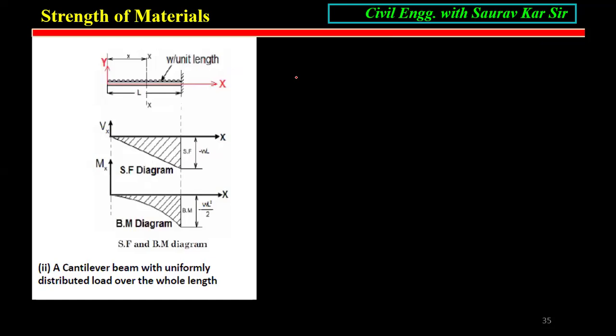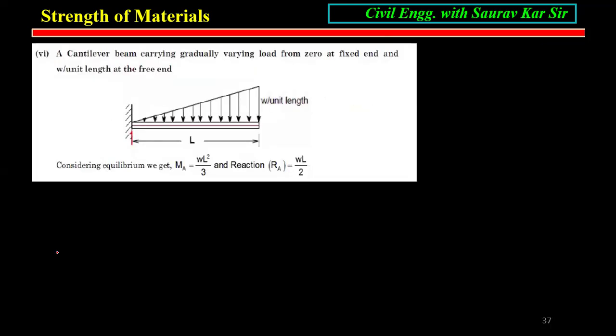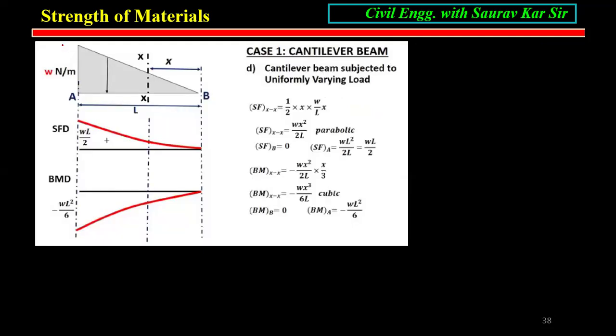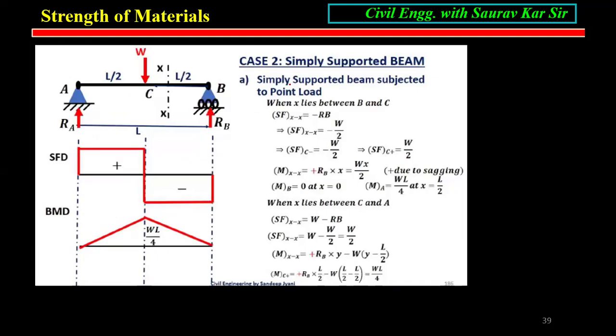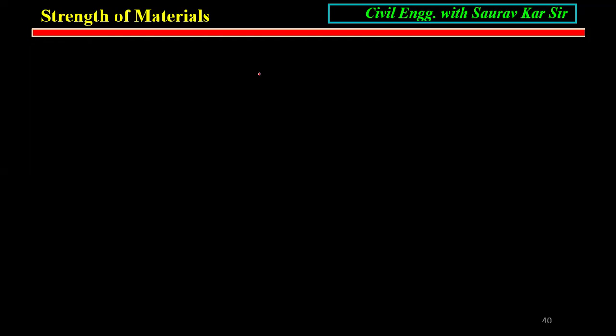These all questions come in interview as well as MCQ. Cantilever beam with UDL over the whole length. Number 2, cantilever beam with UDL over the whole length. Then cantilever beam with UVL. Then simply supported beam with point load at midpoint.